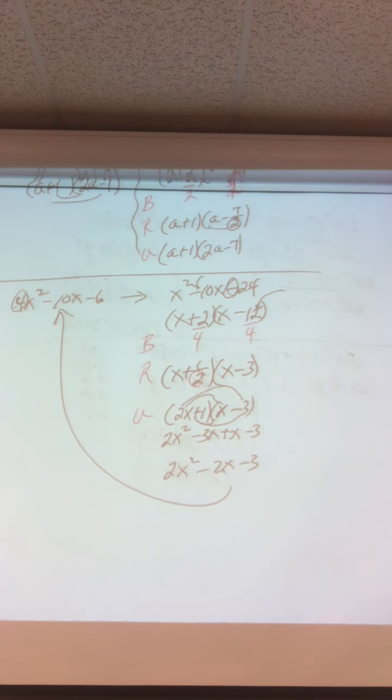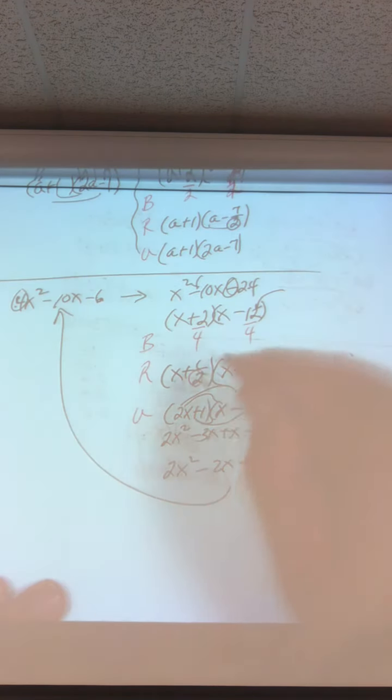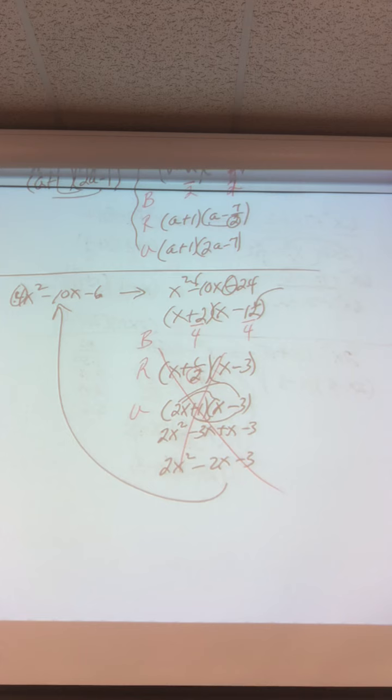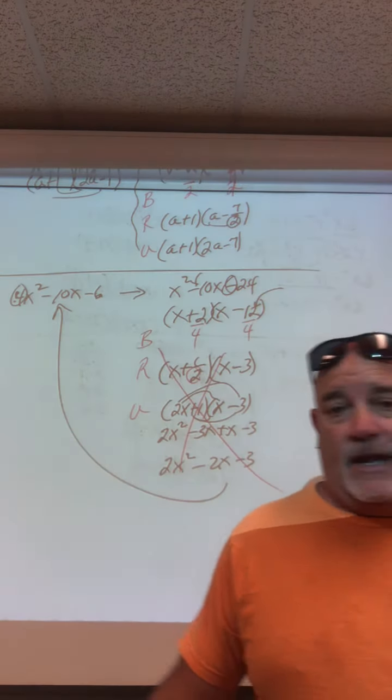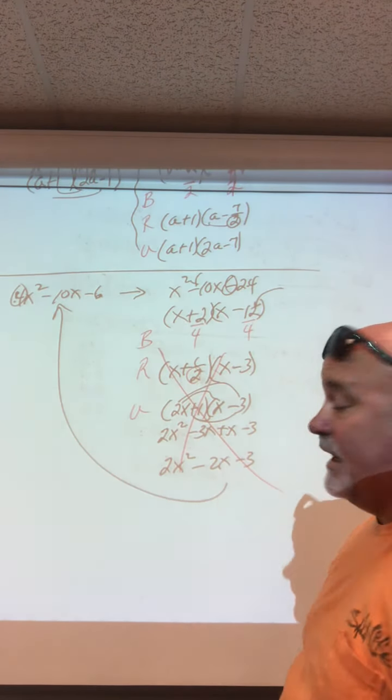If you'll notice, that doesn't give me the original problem. So that means this is not factored correctly. Now you said, Mr. Ryan, I watched you go through that. You didn't make a mistake on the Brew method. I didn't make a mistake. I did the Brew method exactly like I needed to.